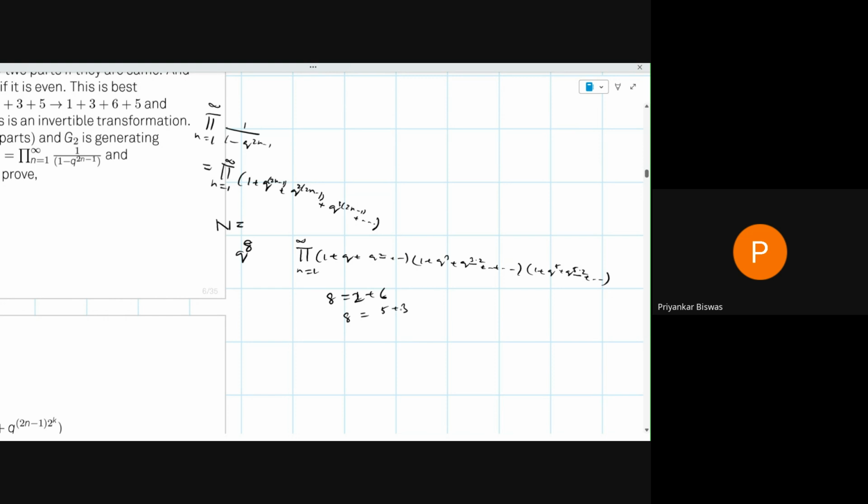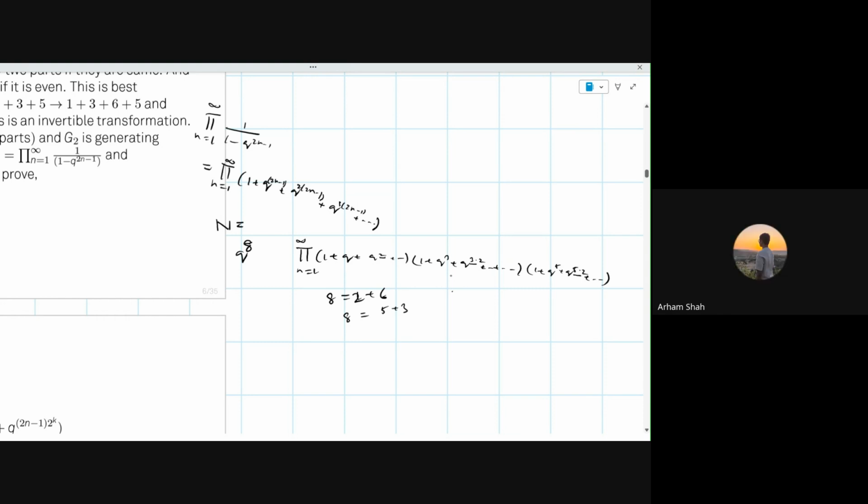So then this will be counted, and these are the sum of the coefficients, the number of ways you can represent it as a sum of the powers of this, which are some multiple times odd. Is this okay?